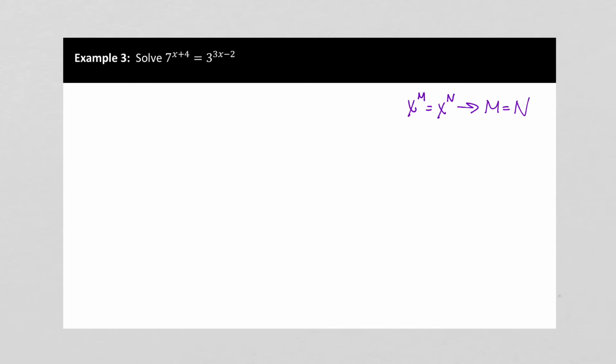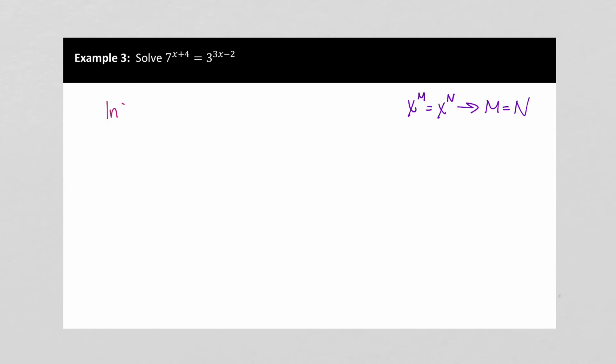So basically, if the bases on either side of the equation are the same, then you can set the exponents equal. Unfortunately, in this case, 7 and 3 aren't the same, and we couldn't get them to be the same. But you can also do something that will help, and that is natural logging, or logging, both sides.